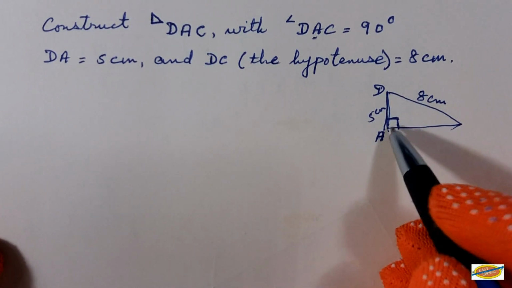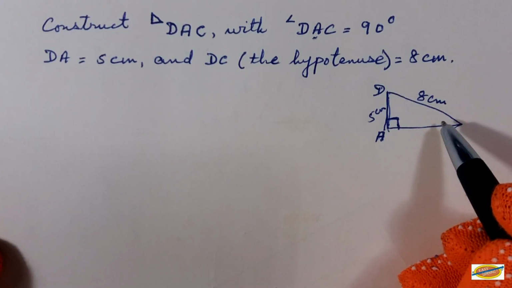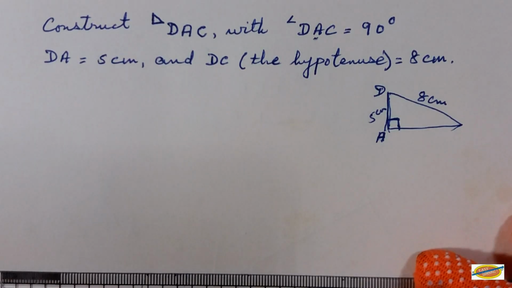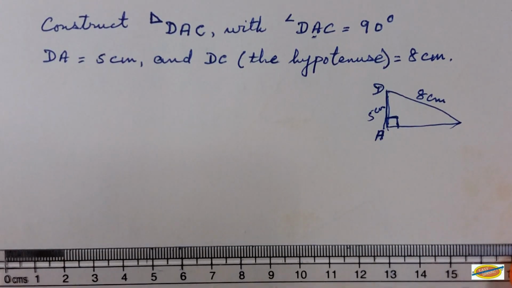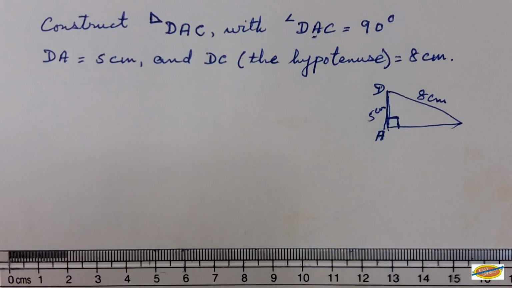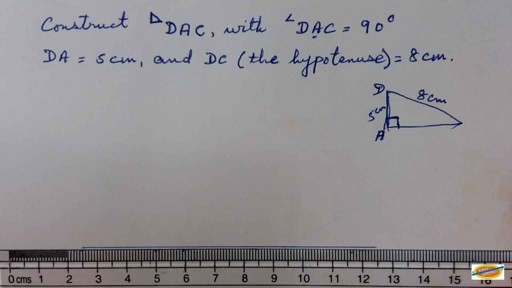It's a right triangle. We're given one side and the hypotenuse. Now in this case, we don't know what the base is. So what we will do, we will draw a construction line like that.